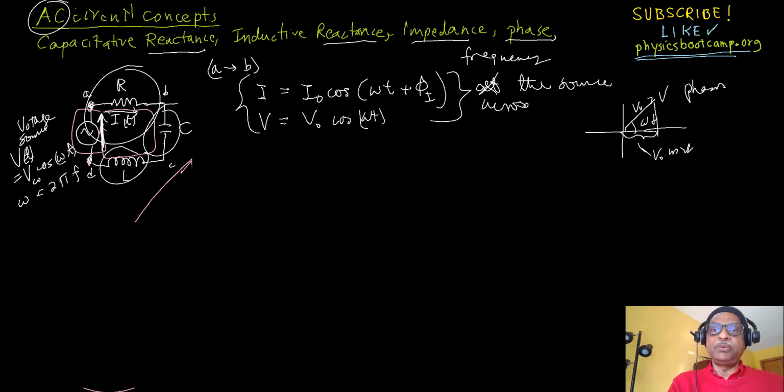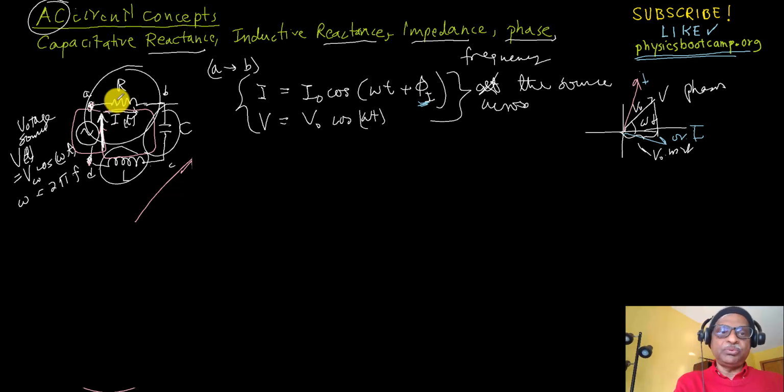Depending on the current being ahead or behind, current can be in this way or this way, because phi is not in the same direction as V.